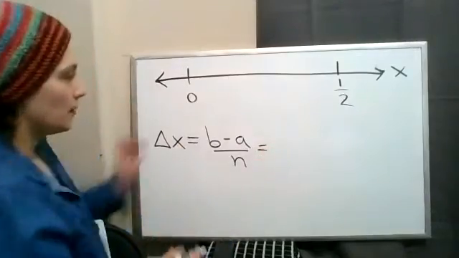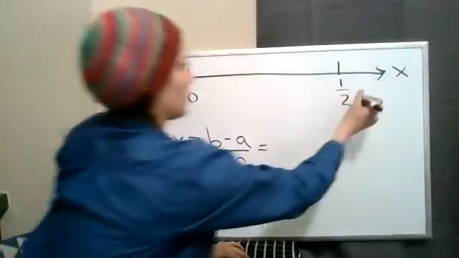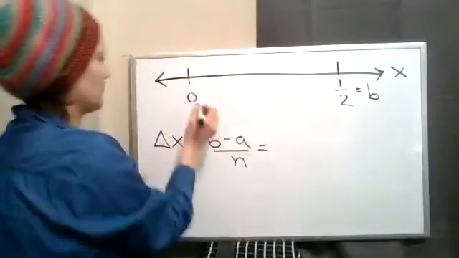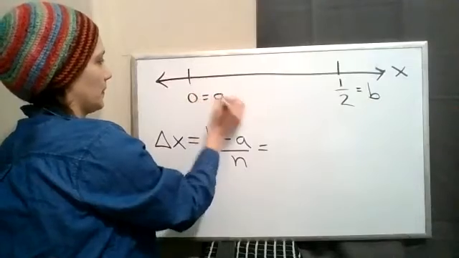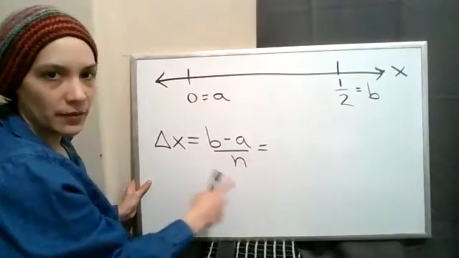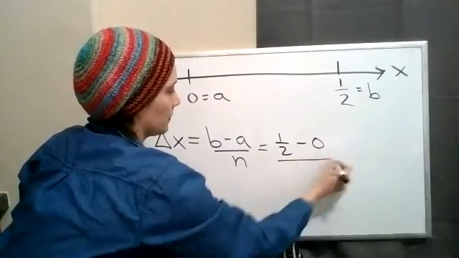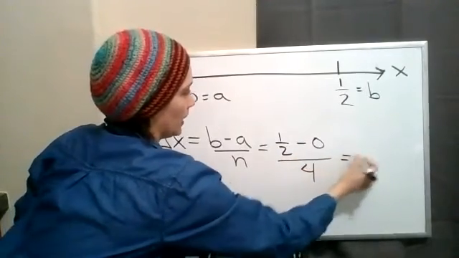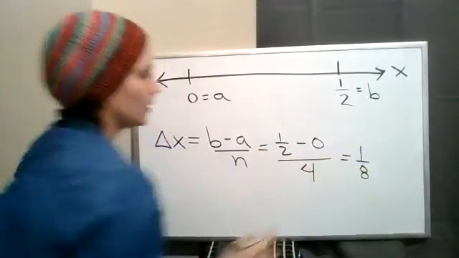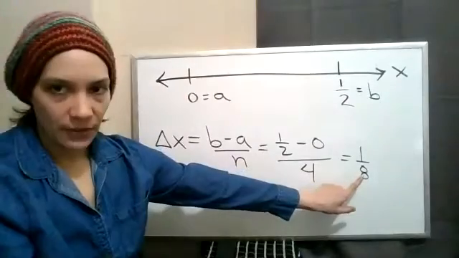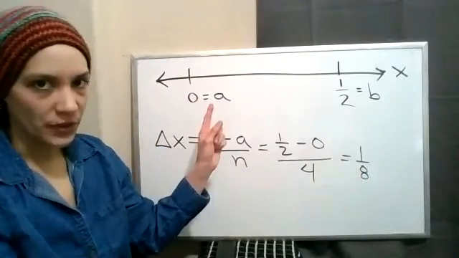This time b, is it b? This is a. 1/2 subtract 0 divided by 4. So the intervals have length 1/8, so we'll find those first.